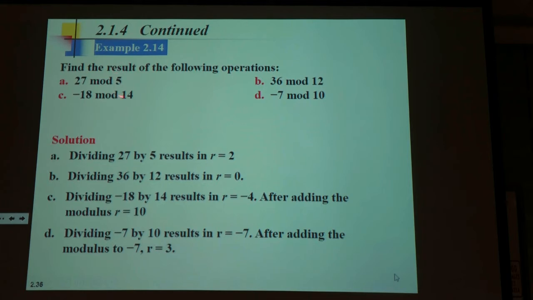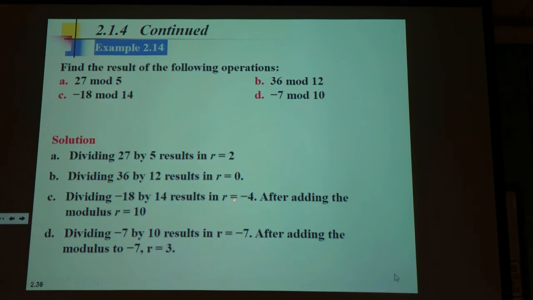Find the result of the following operations. 27 mod 5, what does it give you? 2. Okay, 36 mod 12 will give you 0, because 36 has 3 12s. 0. So minus 18 mod 14 will give you minus 4, right?